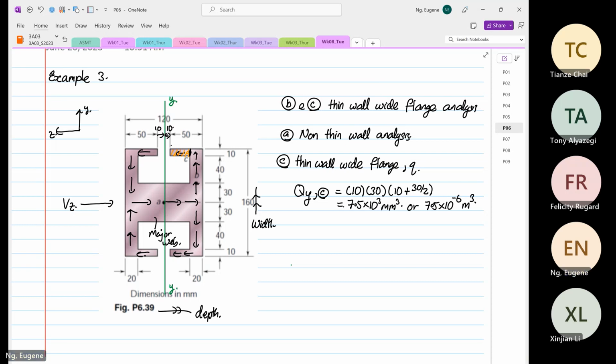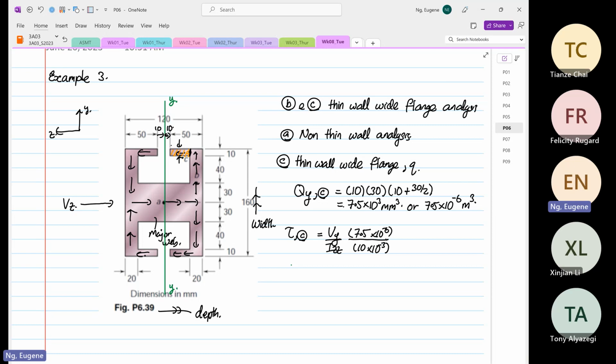Okay. So now again the same thing, the shear at point C is equal to Vy over Izz, right? So now this is 7.5 times 10 to the power minus 6. Now the thickness is still the same. The thickness is always perpendicular to the what? The shear flow. So this is 10 times 10 to the power minus 3.